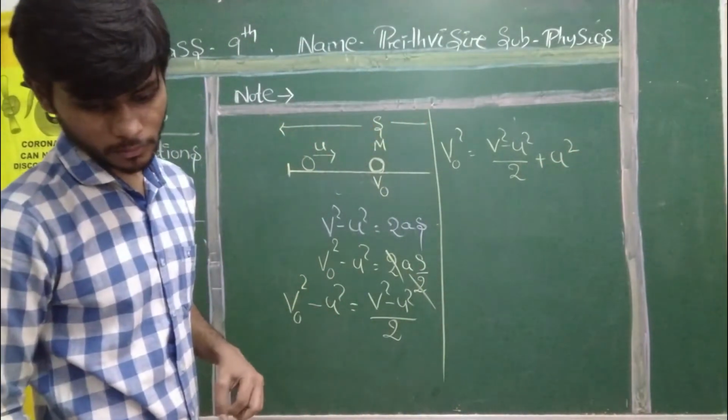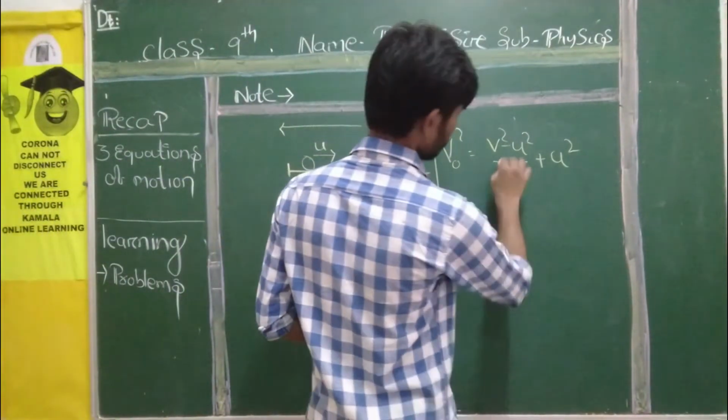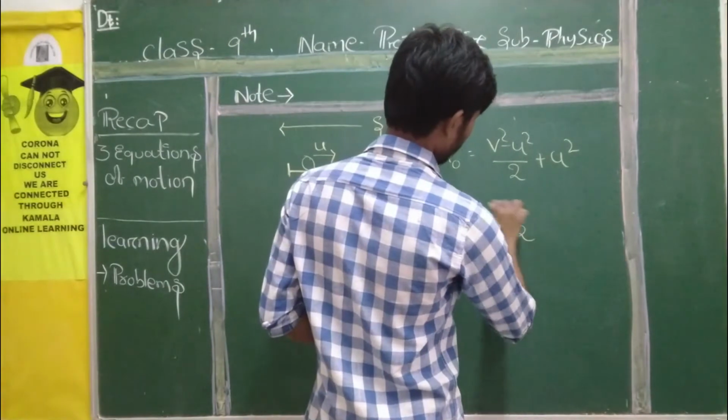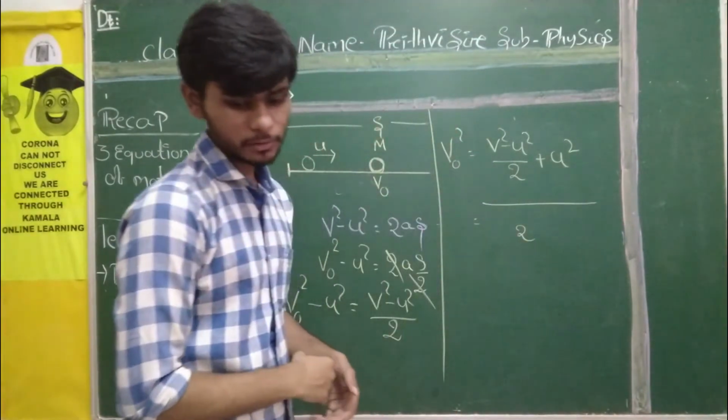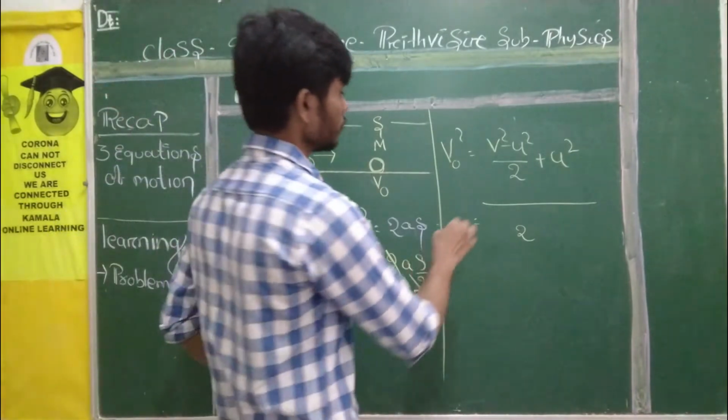Right? Now we will take out the LCM. After taking the LCM, what will we get? V square minus u square plus 2u square.